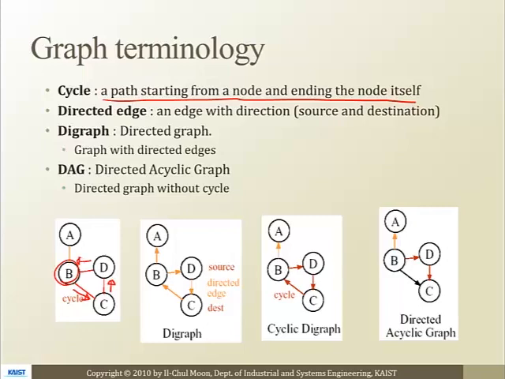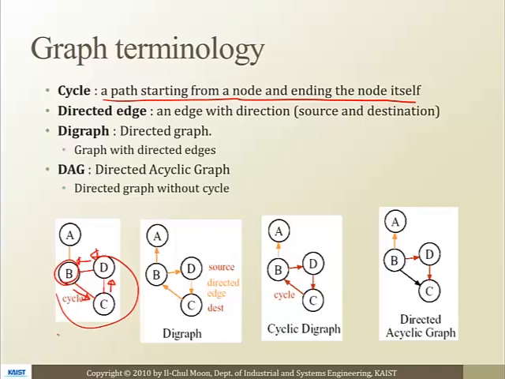It's a perfectly correct path, but it starts from B and it ends at B. It means that there is a cycle in this edge, like this. So this is a cyclic path, and there is a cycle.